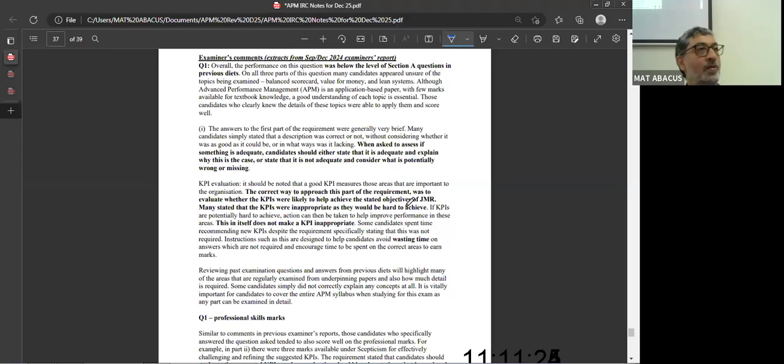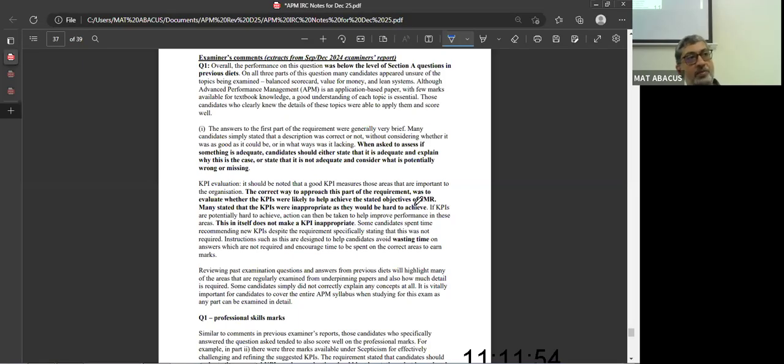How do you know? That doesn't make it inappropriate. If KPIs are potentially hard to achieve, action can then be taken to help improve performance. Hard to achieve means you're commenting about the performance, not about the KPI being appropriate or not. In the case of APM, if you say it's hard to achieve 50 marks, it's a different problem of whether the marking system is appropriate for the exam.